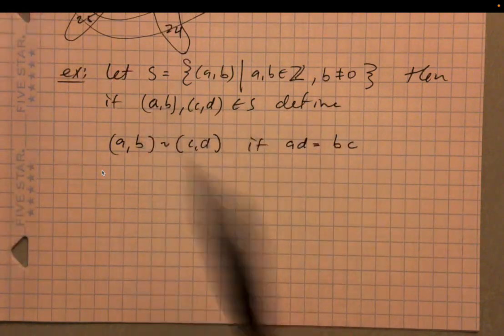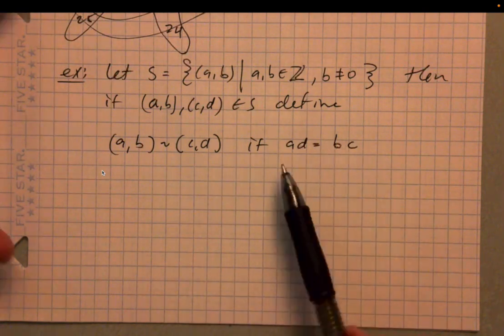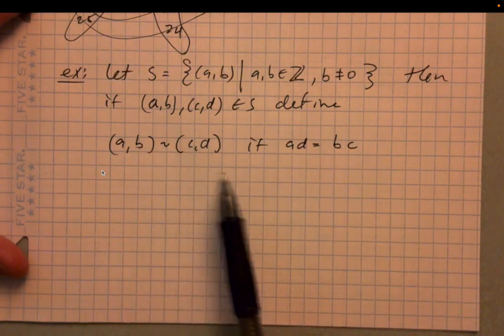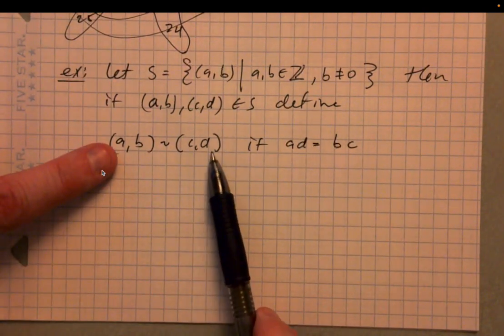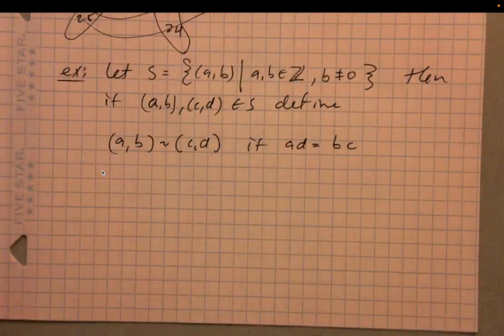If I have two ordered pairs in S, then they're equivalent to one another if A times D equals B times C. So if the two outer components multiplied together equal the two inner components multiplied together.